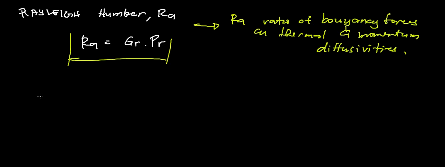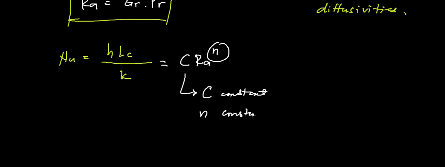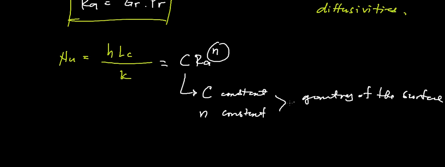And if we are going to relate this to the Nusselt number, do you remember the Nusselt number? So Nu is equal to h Lc all over k. And if we relate this Nusselt number to the Rayleigh number, then we can have C Ra raised to n, wherein C here is a constant. And this n here is also a constant, wherein their values depend on the geometry of the surface and the flow regime.